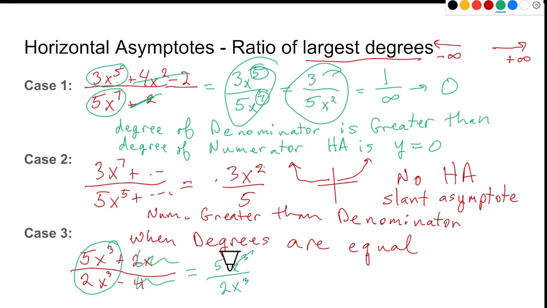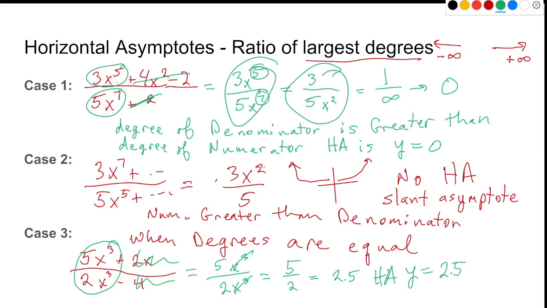Well, we see that the variable parts will cancel each other out, and so indeed this will behave like 5/2. So it's the ratio of the coefficients in front. 5 divided by 2 is 2.5. So yes, it'll be the horizontal line at y equals 2.5 is where our horizontal asymptote will be.